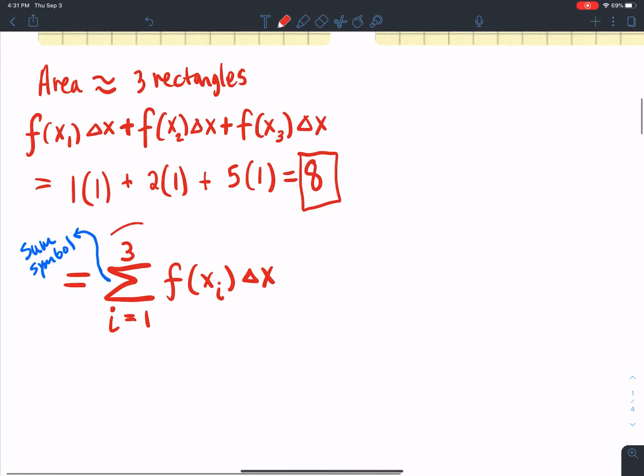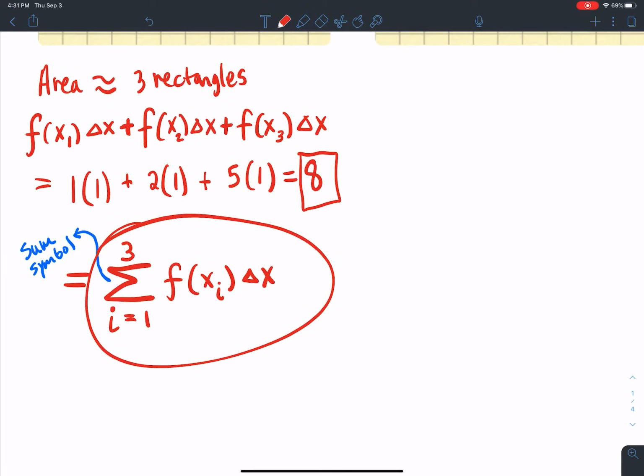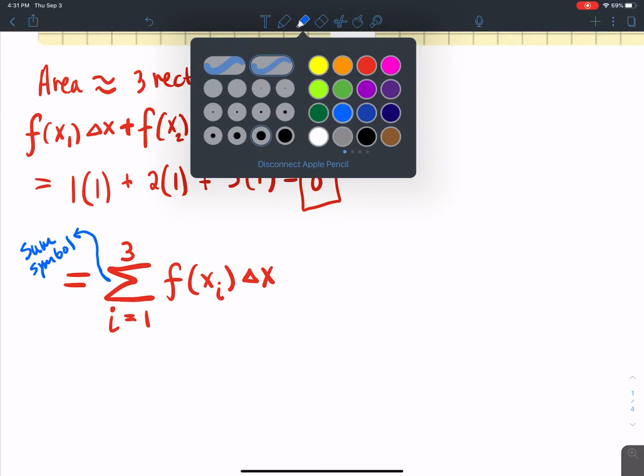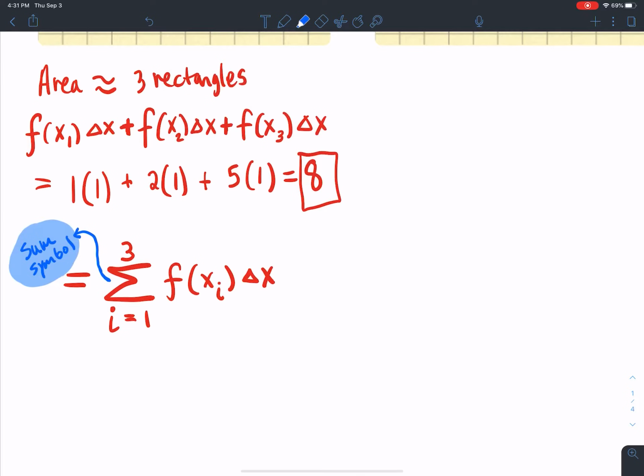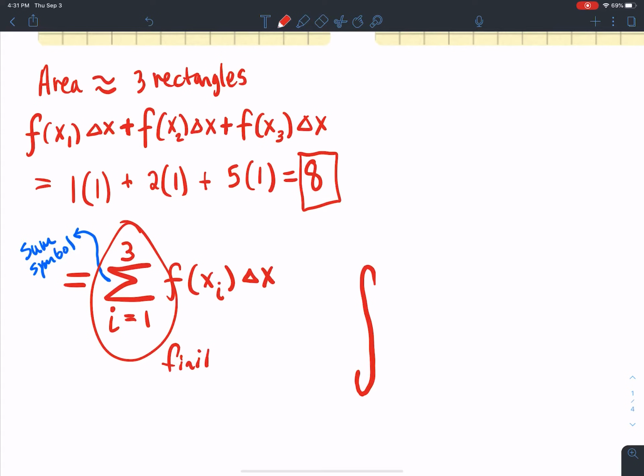So just to let you know what all the pieces are in this little setup here, because this will be way more important for you in Calculus 2 when we do infinite series, which is really pretty cool. The sum symbol is this sigma here. So remember, I told you that this elongated S was the infinite summation. This here is a finite sum, which is the opposite of infinite, right?